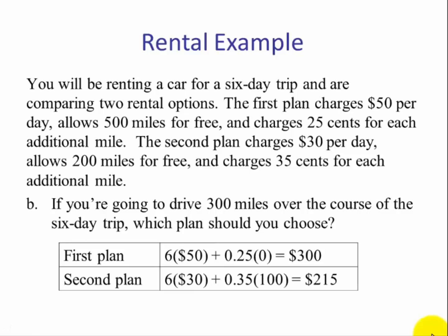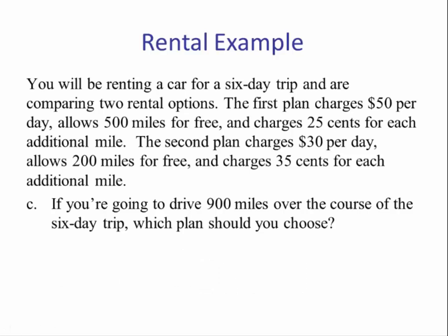The second plan would be 6 times $30 plus 35 cents times 100, because 200 miles of the 300 were free, and that gives $215.